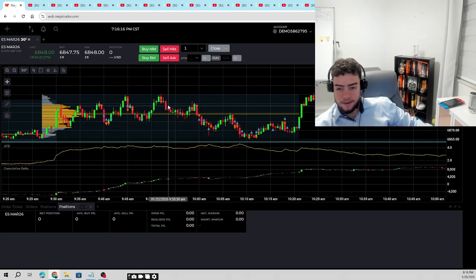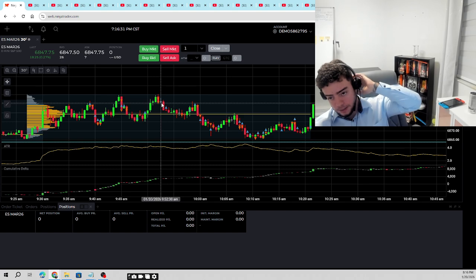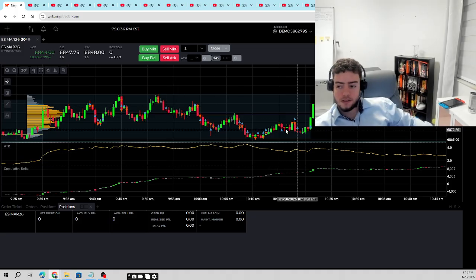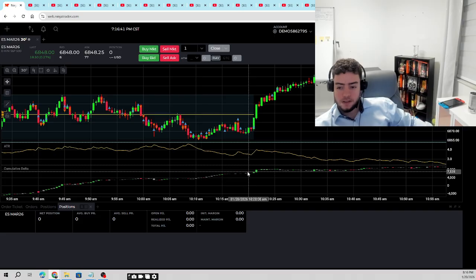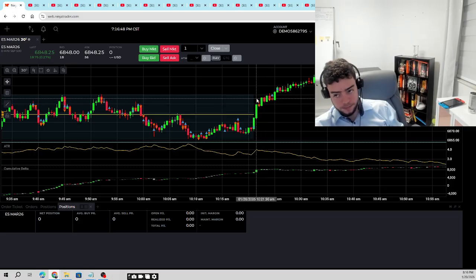Let's say, to use an example, that price is going down, but you don't see a lot of sellers here on the cumulative delta, then you know this is more than likely a fake out. There's not a lot of restraint here for buyers to come in and be aggressive. So that's where they come in, they're aggressive, and boom, that's a trade right there I took for like 500.